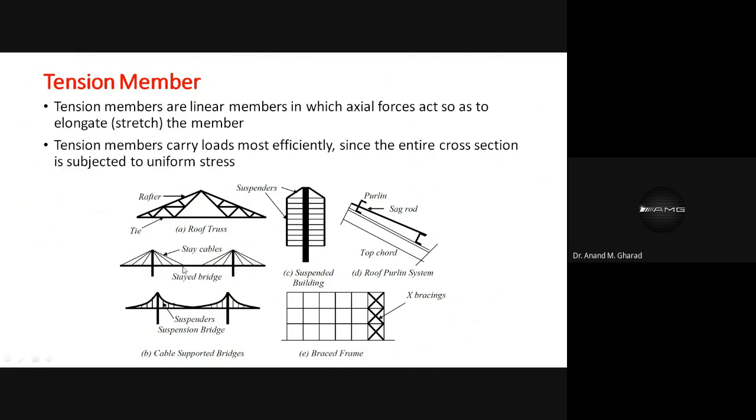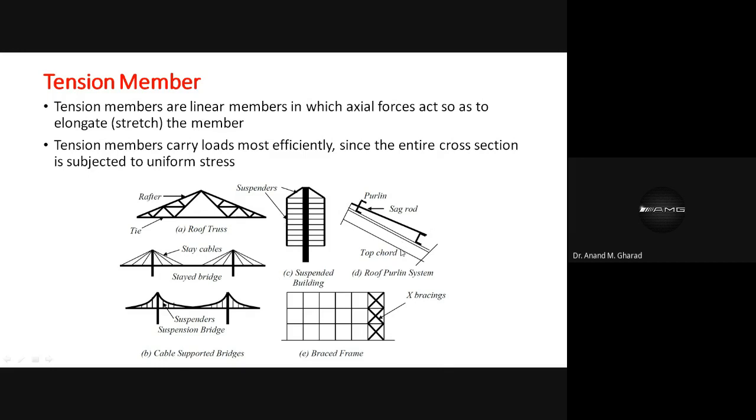Then as far as the bridge is concerned, these are the stay cables of the cable-stayed bridge, wherein these cables will experience tension force. Also, these are the suspenders of the bridge which will be experiencing the tension force. Then the building which is commonly known as a suspended building. Over here, these are the suspenders, they experience the tension force.